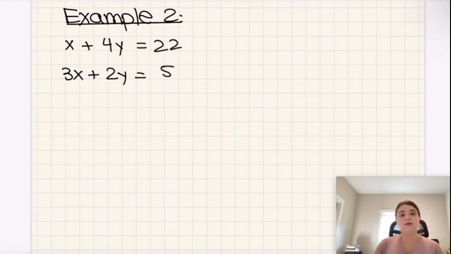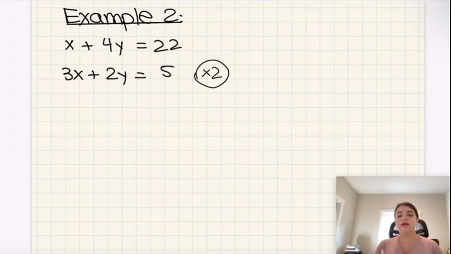So what I'm going to do is multiply one of these equations by a scalar in order to be able to use elimination. So something I'm noticing about the y's is that 4y is double what 2y is. So if I multiply this entire equation by 2, I can get a new equivalent equation, and then I'll be able to eliminate y.